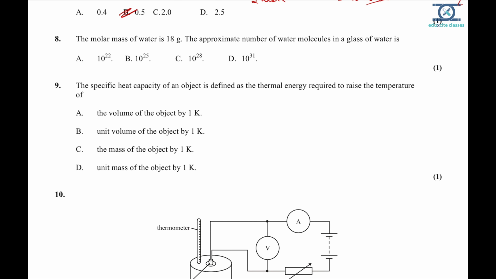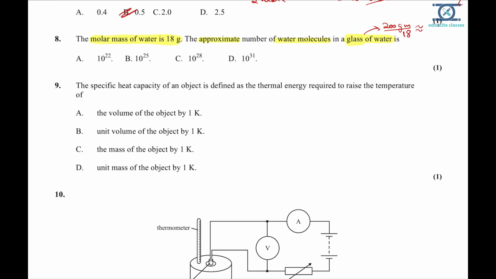Now molar mass, this is again a confusing question for a student. Molar mass of the water is 18 gram. We have to find out the approximate number of water molecules in a glass of water, guys. Now we know that in a glass of water at least 200 gram of water will be there. So number of moles, you can say, is what? 200 divided by the molar mass 18.